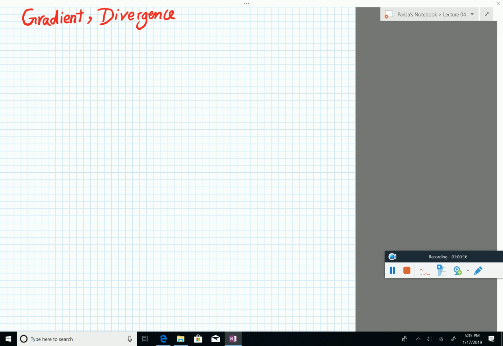So let's start with something very simple, like a function which is a real valued function of a real variable. So let's consider a real valued function of a real variable.